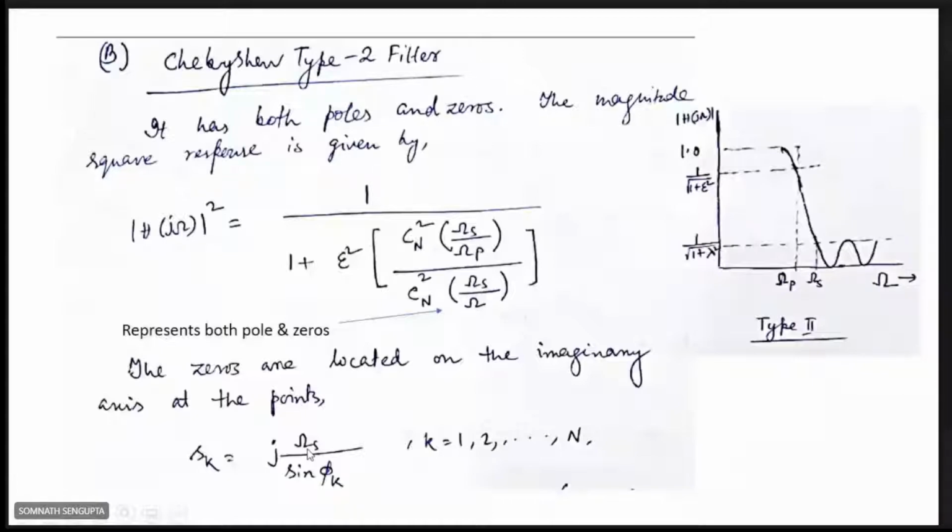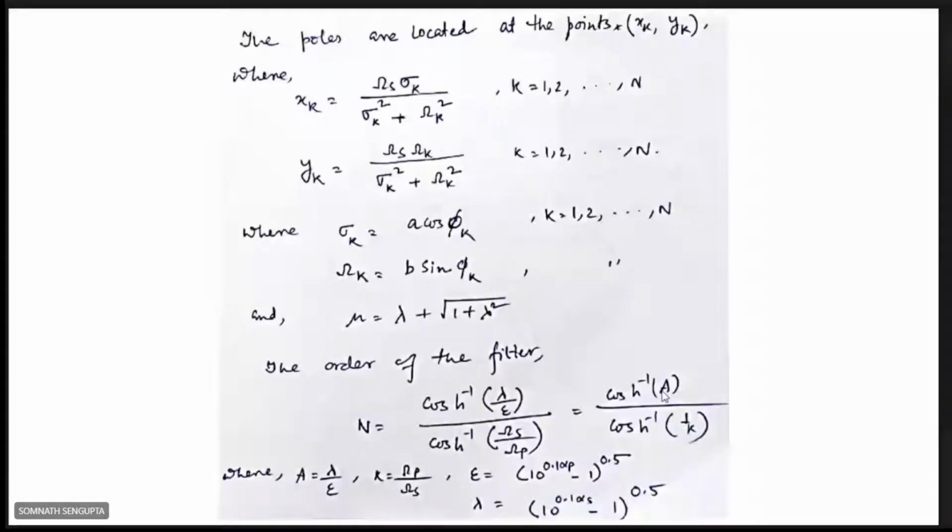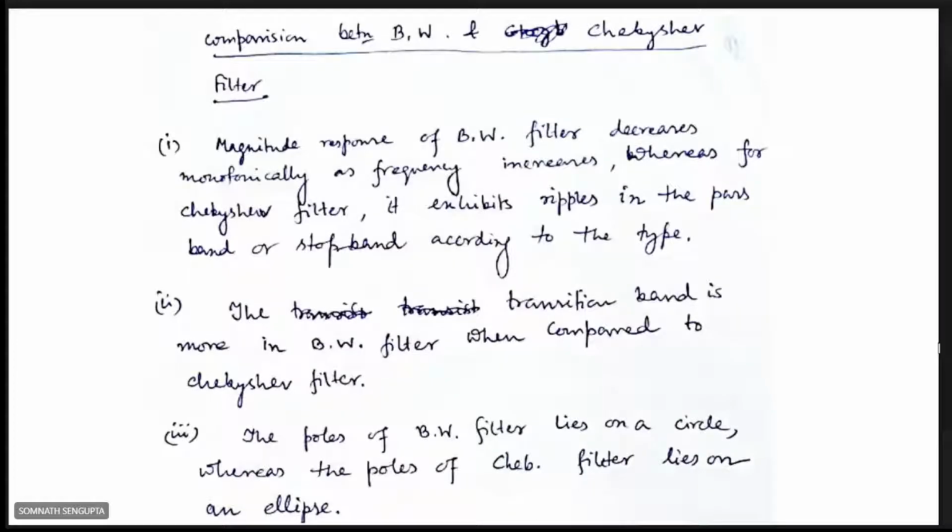And the poles are located at the points xk and yk given by this formula, with sigma k and omega k, mu, and finally the order of the filter is given by this. Okay. So you have to remember all these equations and how these are coming. It is out of scope now. Now there is some comparison of Butterworth and Chebyshev filters.